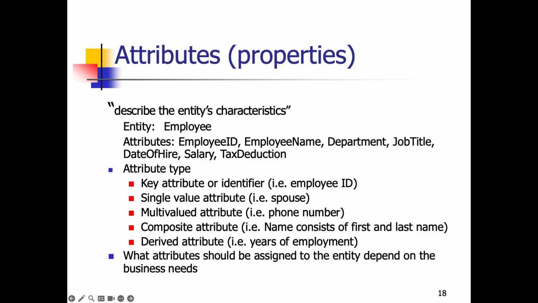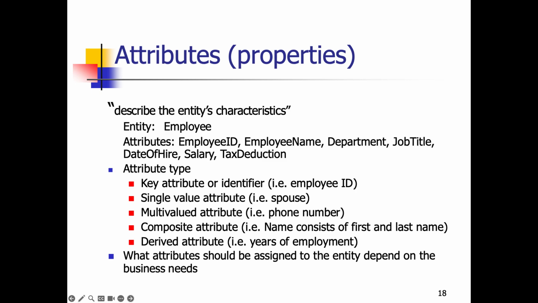But here we are referring to a composite attribute, which means that the attribute consists of different parts. For example, let's say your attribute for a person or for an employee is full name, right? Full name consists of first name and last name. So this is called a composite attribute.